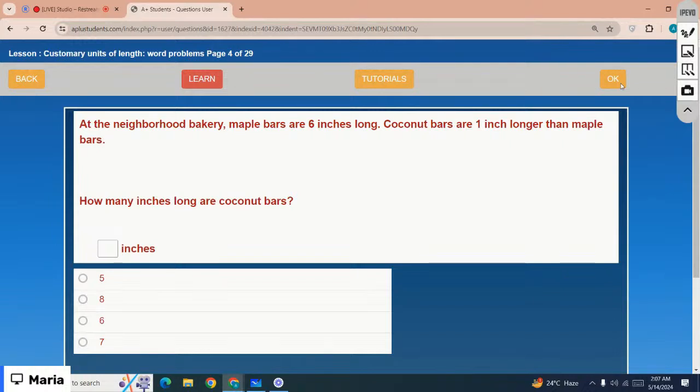Okay, the next one is at a neighborhood bakery, maple bars are 6 inches long. Coconut bars are 1 inch longer than maple bars. How many inches long are coconut bars? So which is the correct option?